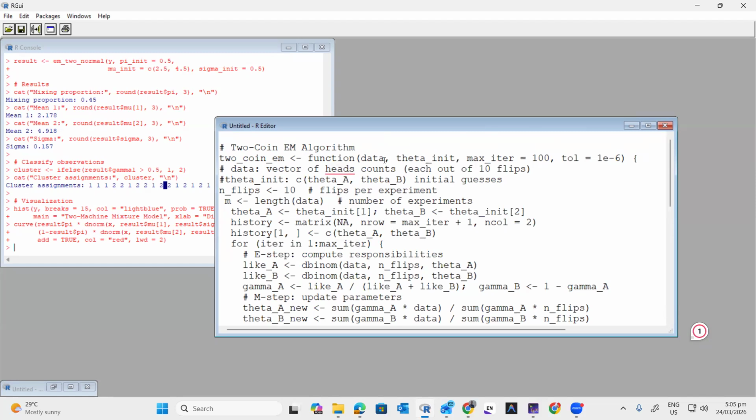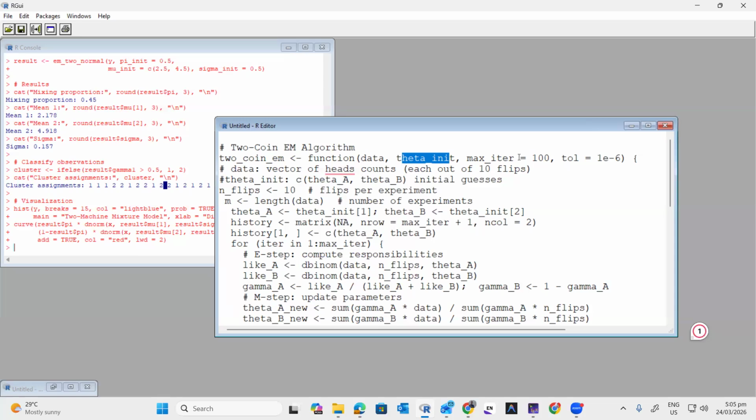The data will be a numeric vector that contains the number of heads observed in each experiment. And theta initial will be a numeric vector of length 2 giving the initial guesses for the probability of getting heads for coin A and coin B.